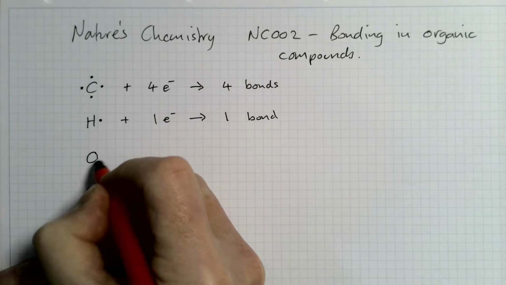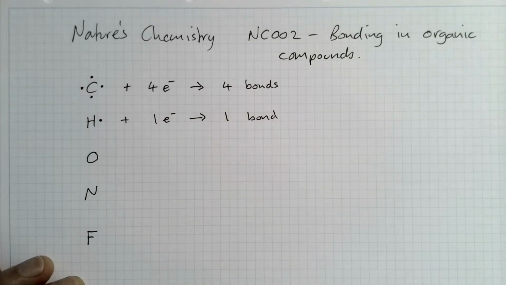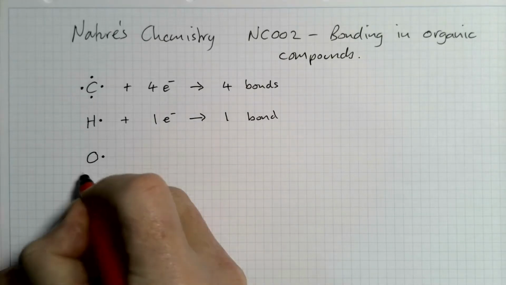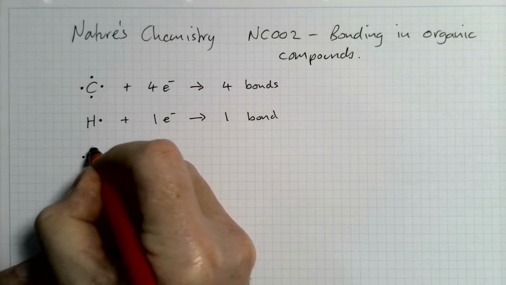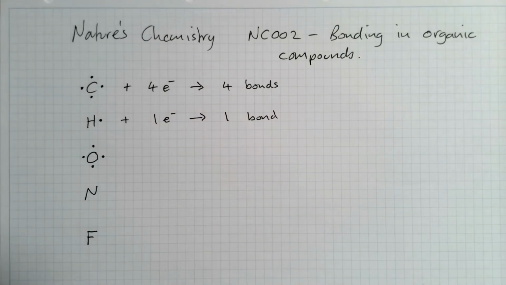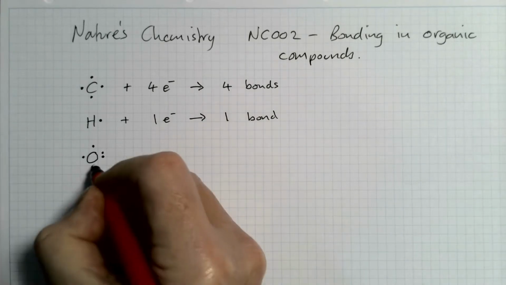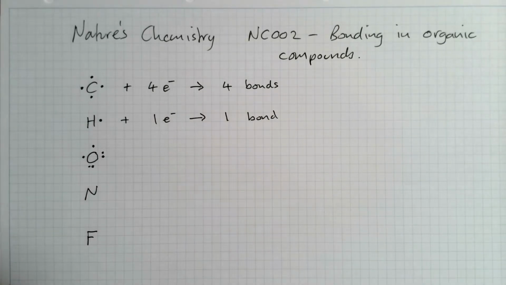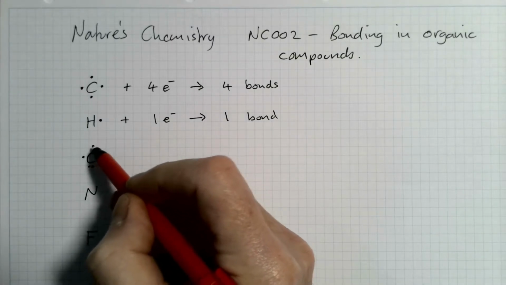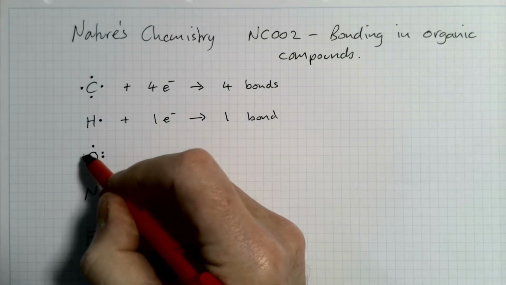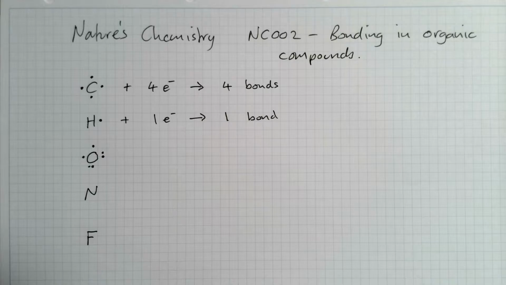Oxygen, let's look at its electrons. It has 6 electrons in its valence shell. So we'll just pop them in. 1, 2, 3, 4. Now remember what happens with electrons. Once we go past 4, they start pairing up. So the next electron will pair up with that one, and the 6th electron will pair up with that one, leaving 2 spare electrons. These are the electrons that are available for sharing.